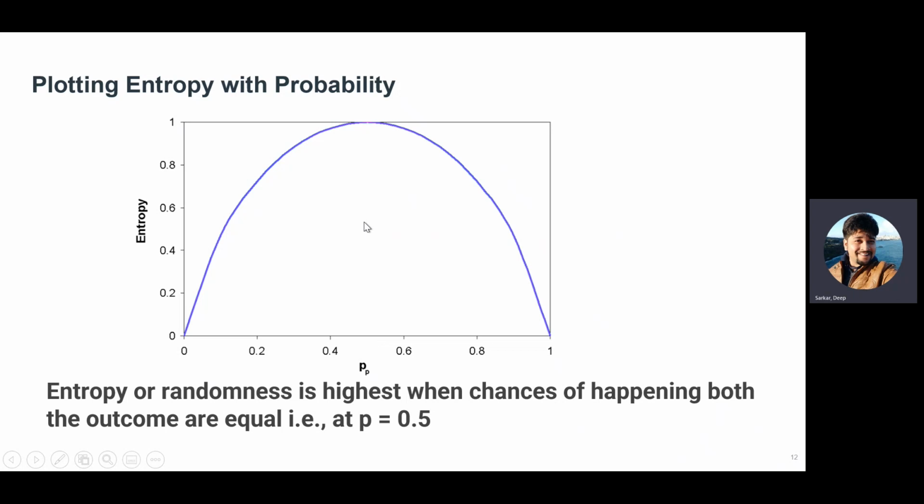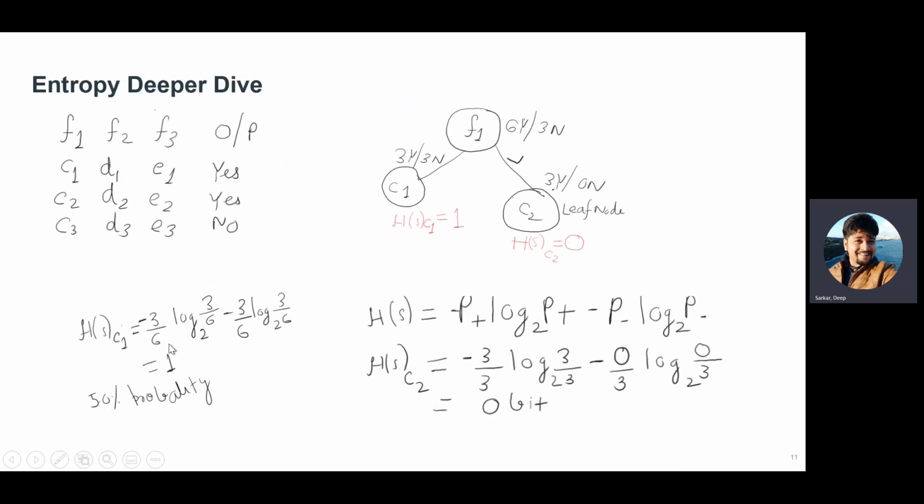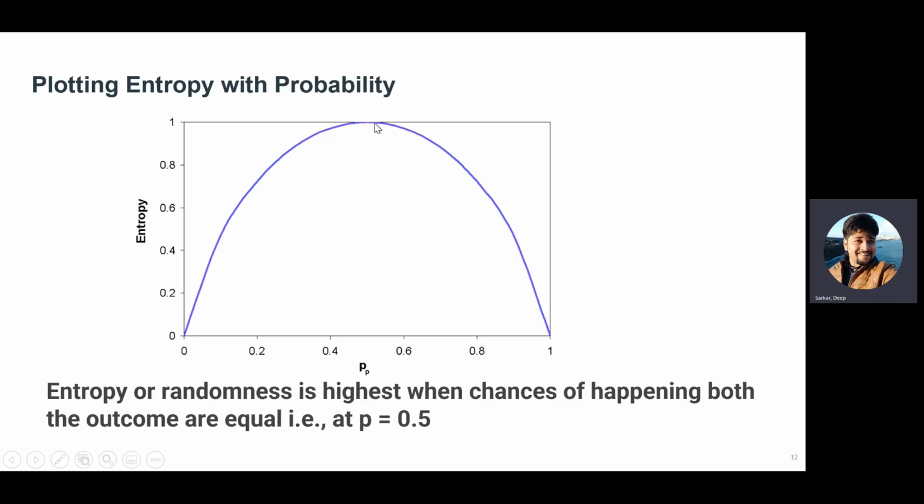And that is what we saw here. The probability of yes was 3 divided by 6, that's 50% probability, and the probability of no was also 3 divided by 6. That is where the entropy becomes 1. Now, if your probability of P plus increases after this, your entropy will decrease.